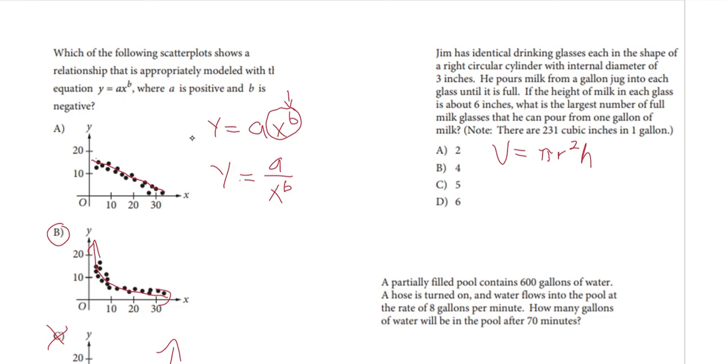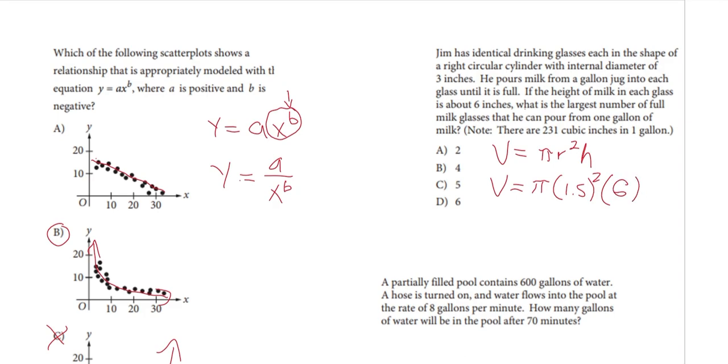It says that the glass has an internal diameter of 3. So if the diameter is 3, that means that our radius is going to be 1.5, and then we're going to square that, and our height is 6.